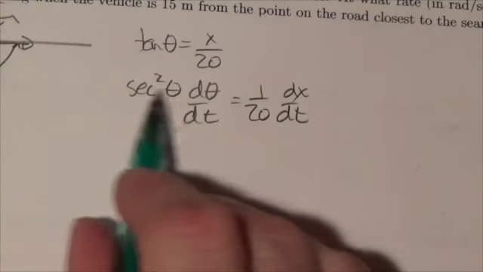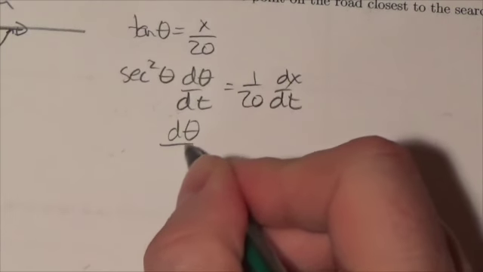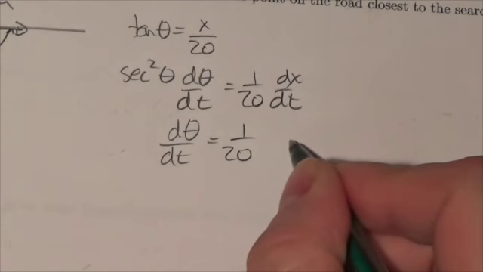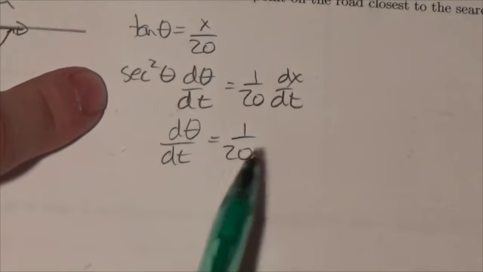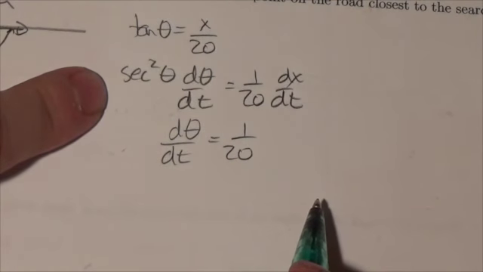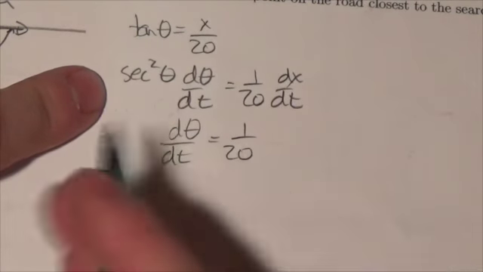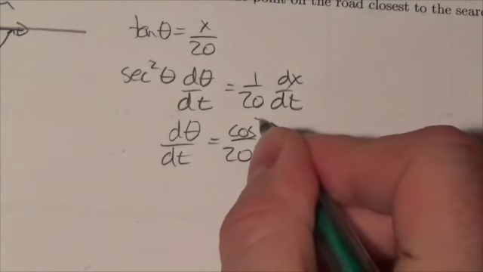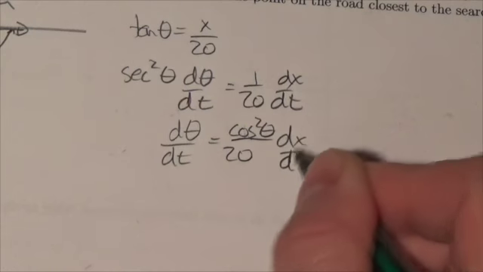Now I am looking to solve for dθ/dt. So dθ/dt is going to end up being 1/20th. Something kind of weird happens here: I'm going to divide by that secant squared, so secant squared is going to end up in the denominator. But secant is the reciprocal of cosine, so really that's going to push the cosine squared of theta into the numerator.